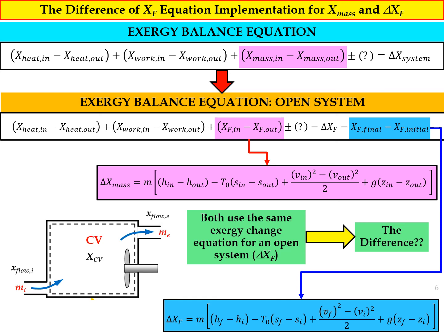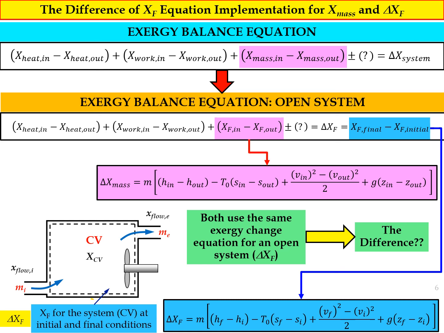So let's say we have a control volume system, a chamber, something like this. We have exergy flow in at the inlet, with the inlet mass flow rate, and also exergy flow at the exit, and mass flow rate at the exit. So the difference between delta Xf and delta X mass is that for delta Xf, we look into the condition of the control volume.